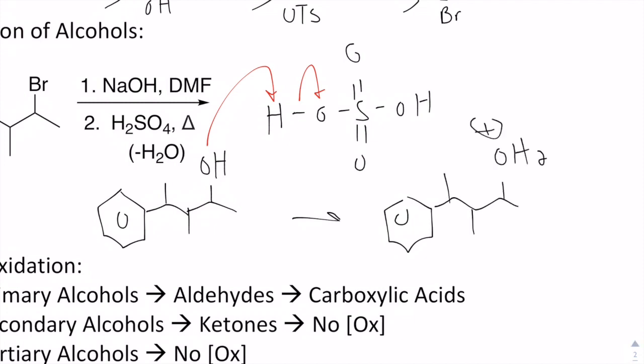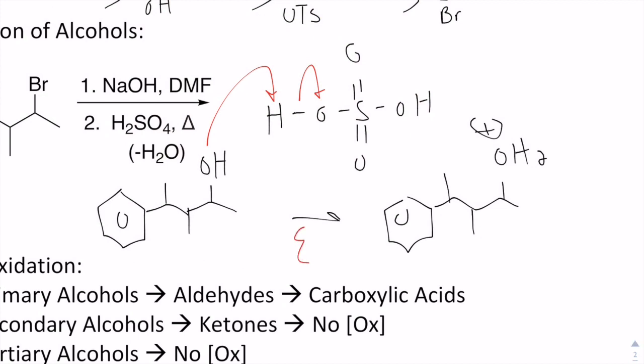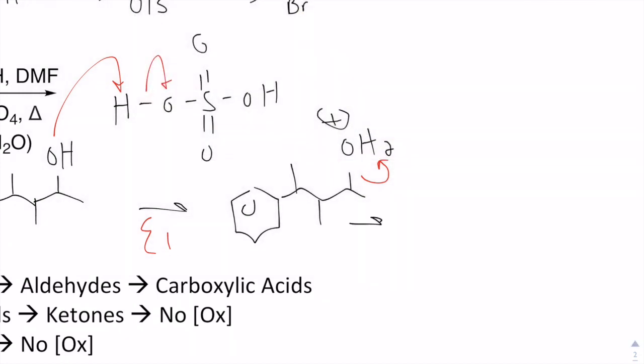Okay, so what happens now is that this is going to result in an E1 mechanism. So dehydration of alcohols occurs in an E1 fashion, where we're going to generate a carbocation intermediate. So let me just write E1. So that water is going to leave on its own, and we're going to get a carbocation intermediate. So it looks something like this.